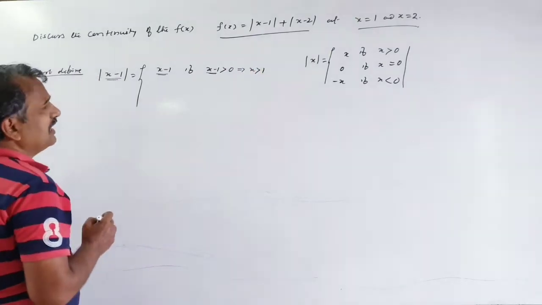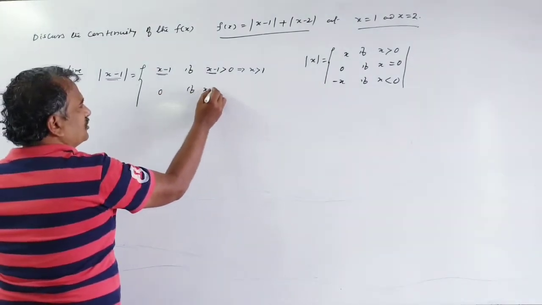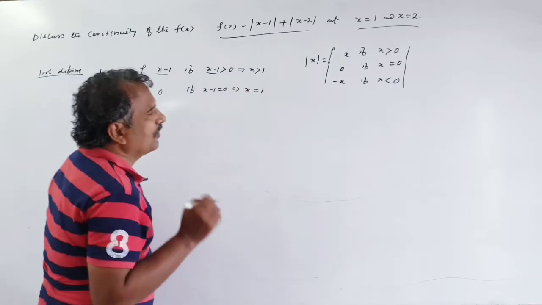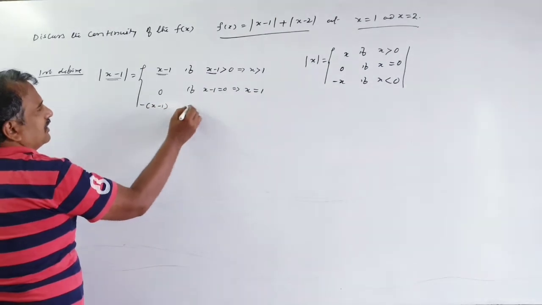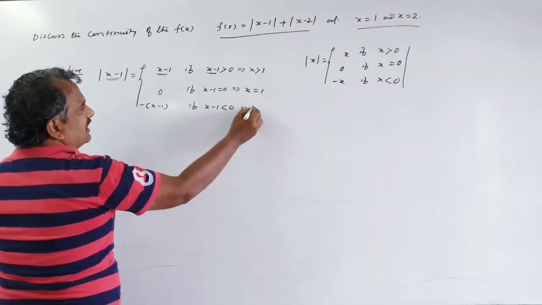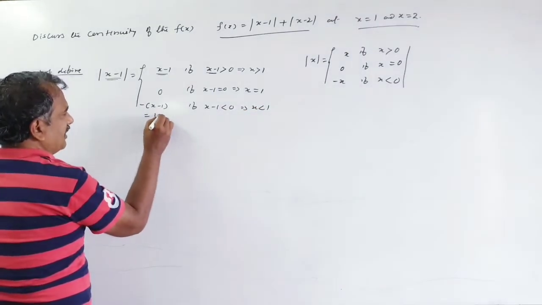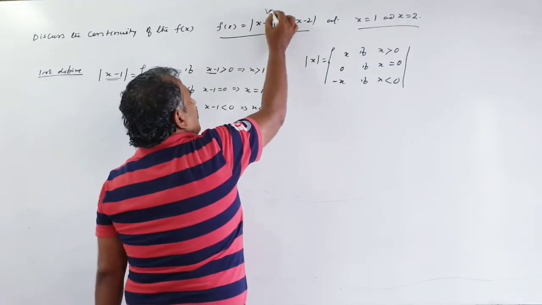Now second one is 0 if x minus 1 equals 0, or x equals 1. Now third one is minus of x minus 1 if x minus 1 is less than 0, or x is less than 1, or we can write 1 minus x. Okay.